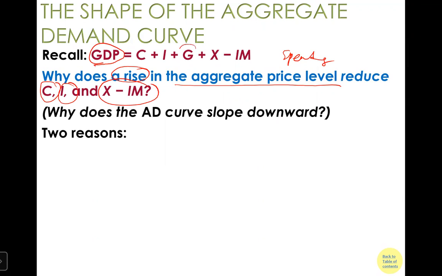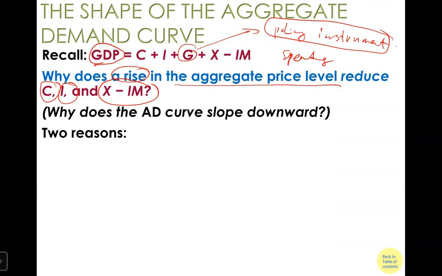Usually here, G, we say this is a policy instrument. Usually this is the government's choice. Usually it doesn't respond to the price.